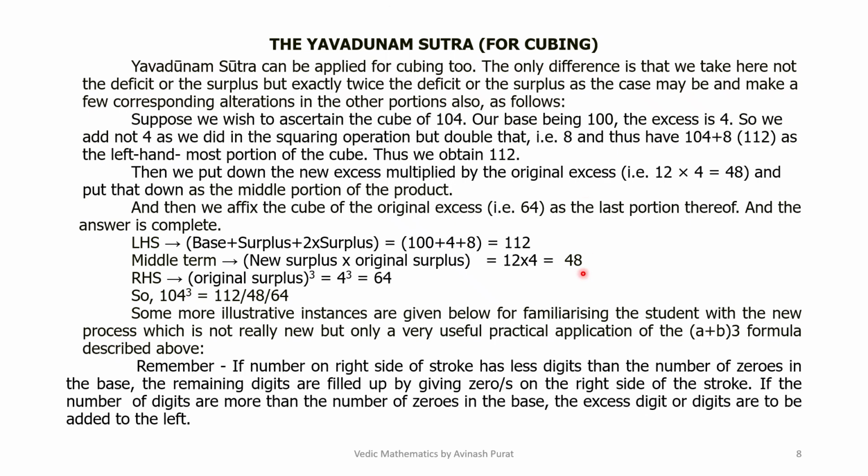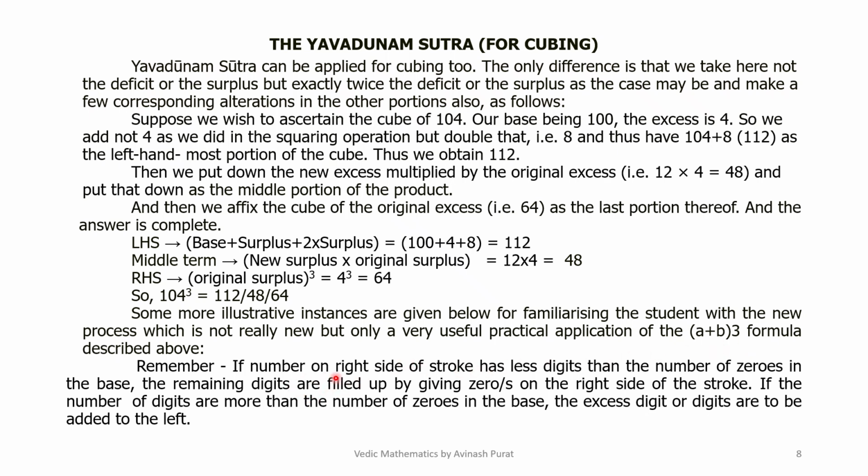Some more illustrative instances are given below for familiarizing the student with the new process, which is not really new but only a very useful practical application of the (a plus b) cube formula described above.